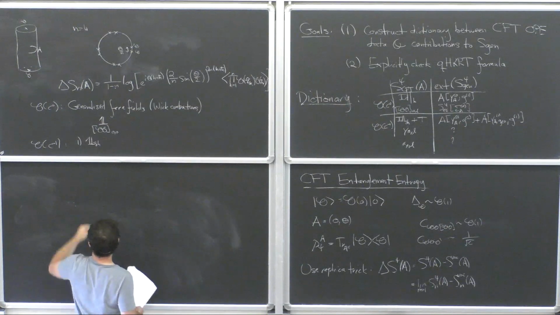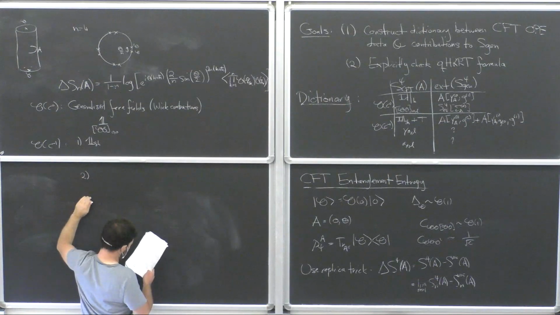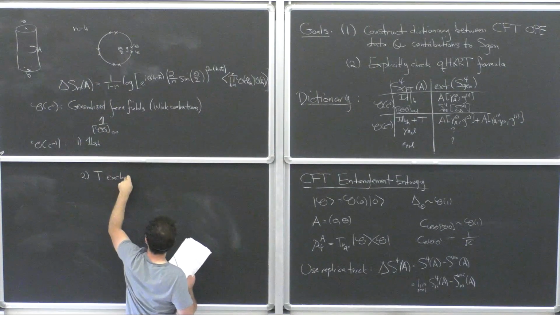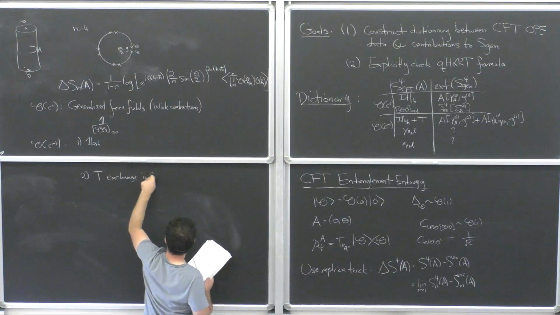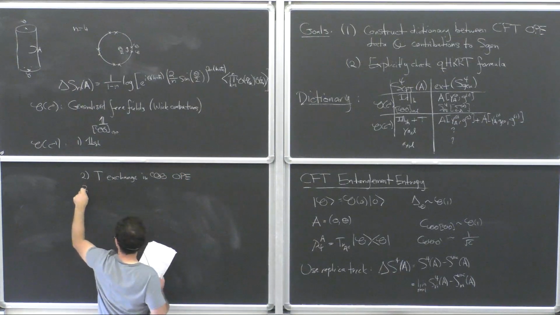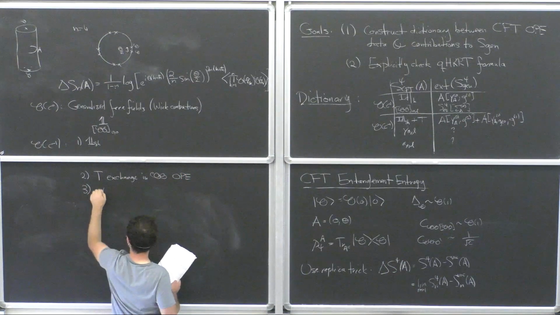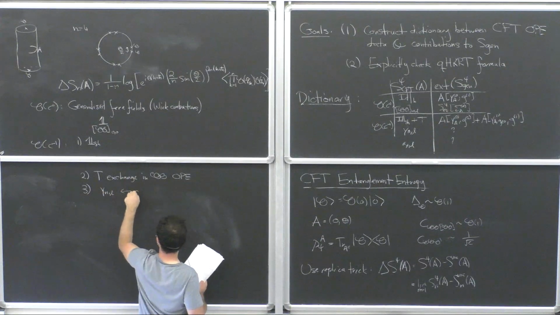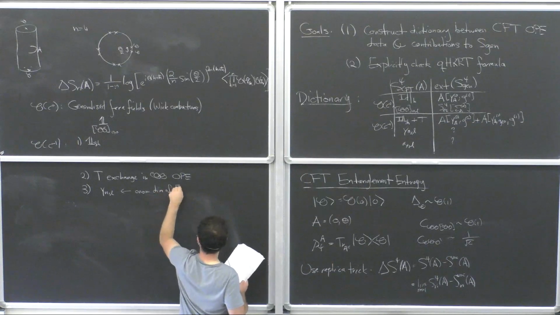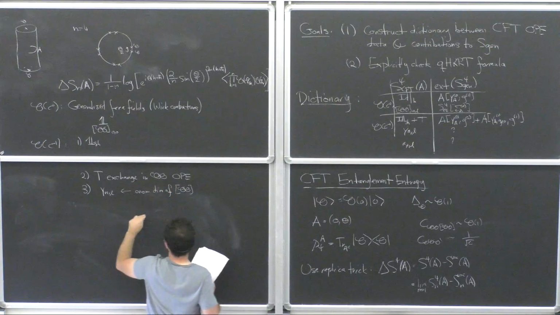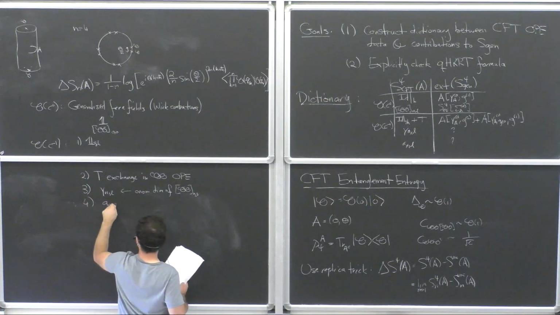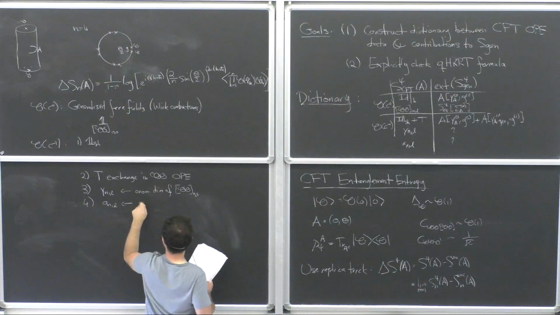And then there's the stress tensor exchange in the O. And then there's the anomalous dimension. And these are corrections to OPE coefficients.